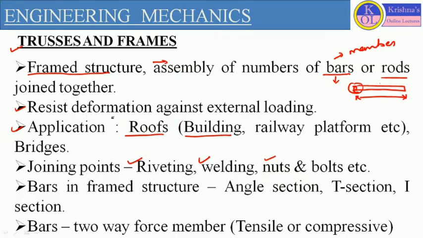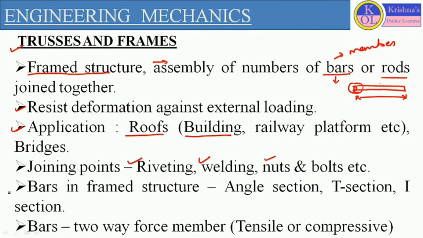If we want to resist deformation, we should have a framed structure which resists that deformation. So in short, we can say trusses and frames are frame structures, which are the assembly of a number of bars and rods joined together by different joining methods, and they resist deformation against external load.